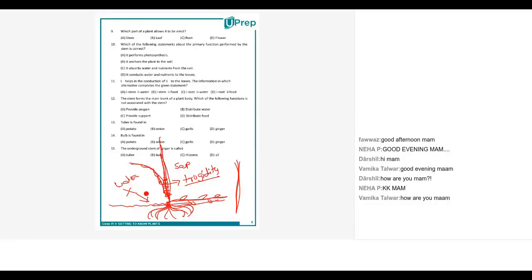Ma'am, I have a question regarding watering the plants. Why do they say you should water your plants on alternate days? If it's very hot, can't the plant die like that? See, it depends on the plant. For example, if it's a cactus or a succulent, you can water it once a week, once in 10 days, because that is how they have adapted. They store a lot of water within.